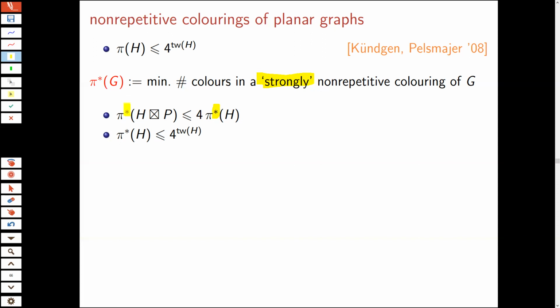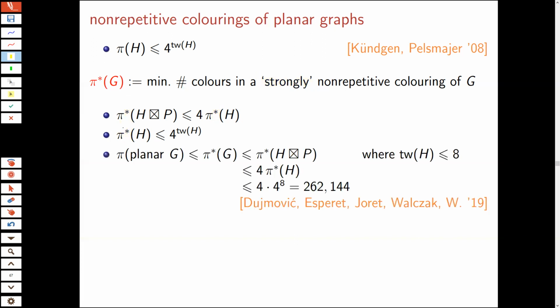That's just a technicality, but it still is an important definition to come up with the right notion of strong non-repetitive coloring. Then we took the proof of Kündgen and Pelsmajer, and I observed that exactly their proof actually shows the stronger statement with the stronger non-repetitive property. And now you can just plug all these things together and you get a theorem for planar graphs.